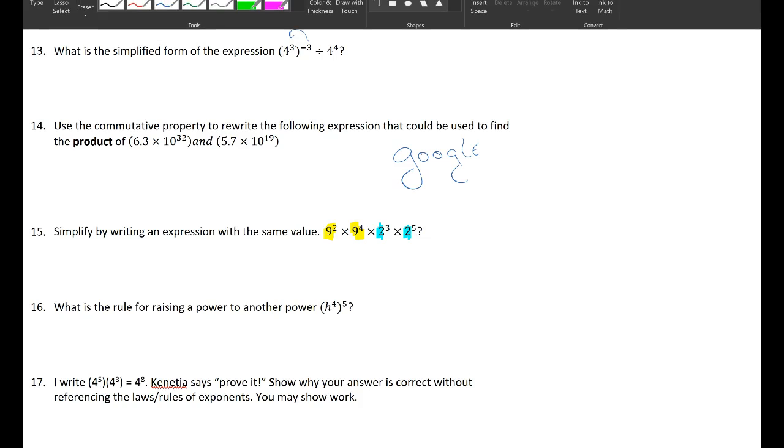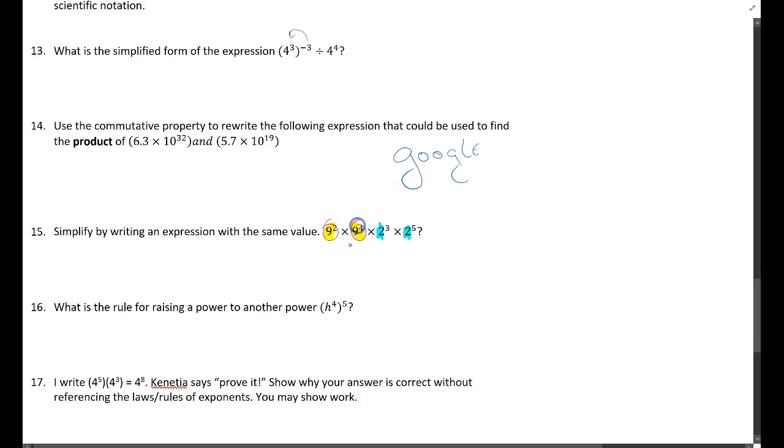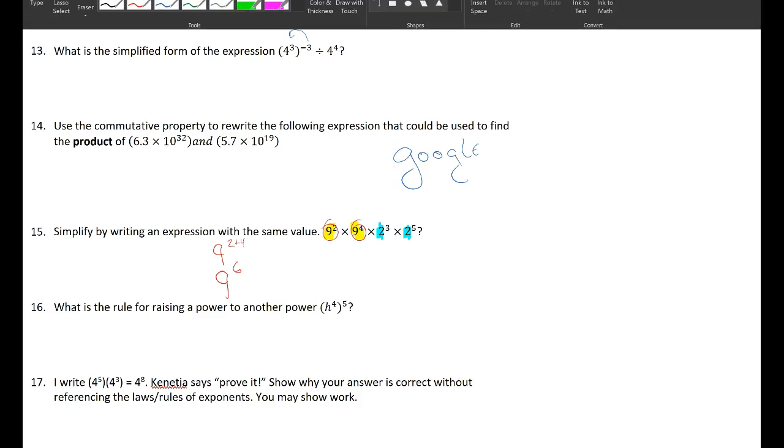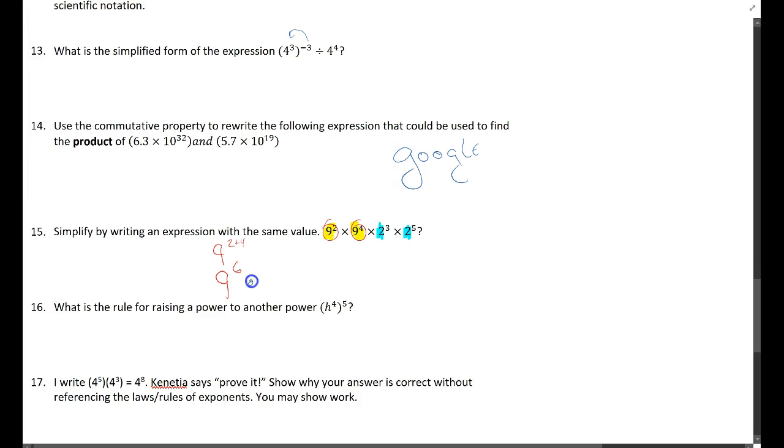So we'll go red for the 9s. 9 squared times 9 to the 4 is the same as 9 to the 2 plus 4. That's going to give me 9 to the 6. Therefore, as hopefully you've already seen, that's going to then be times 2 to the 8, because 3 plus 5. Remember, multiplication of exponents, only multiplication of exponents gives you this.